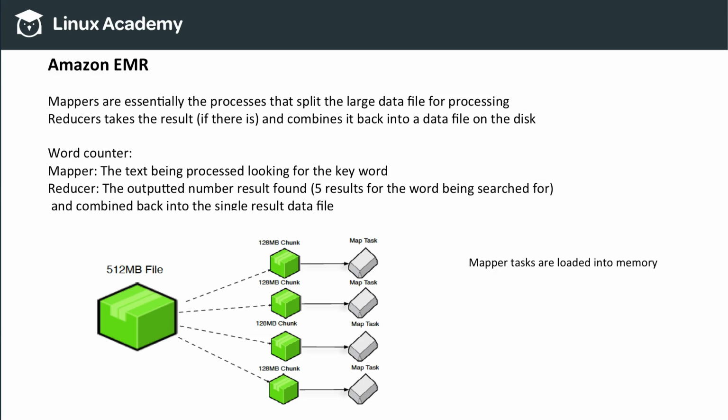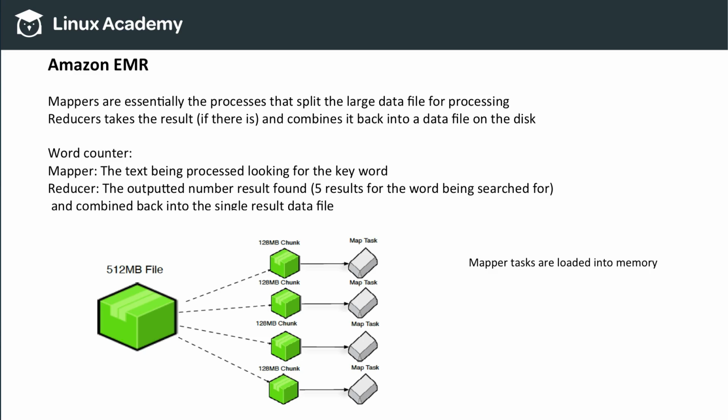This is Amazon Elastic MapReduce. Now, there's only a specific number of mappers on an EC2 instance. We can configure the EC2 instance to use more mappers, but AWS already has it configured to what they consider to be the optimum number of mappers per instance.